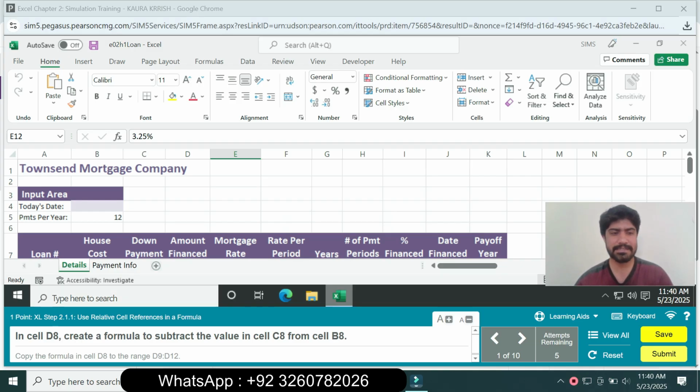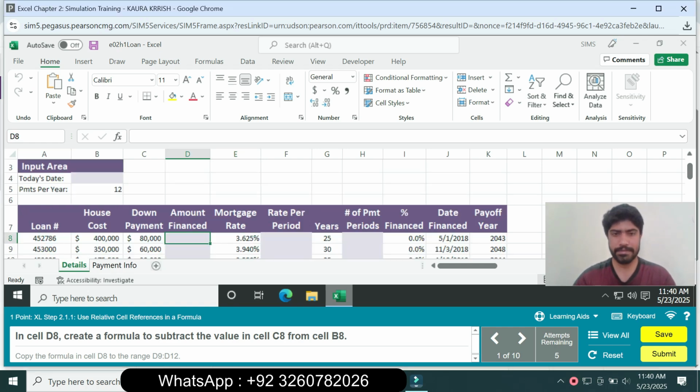Question number 1 is: in cell D8, create a formula to subtract the value in cell C8 from cell B8. In cell D8, select D8 and type equals B8 minus C8.